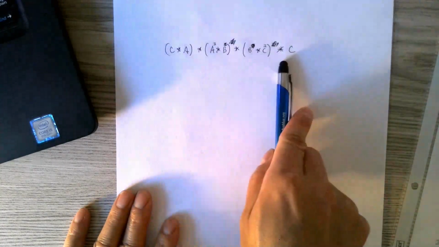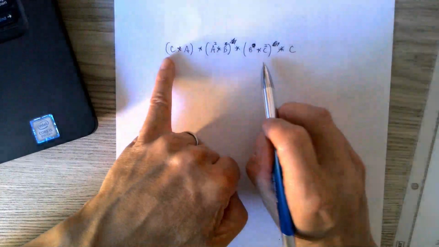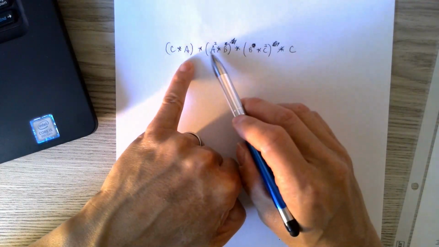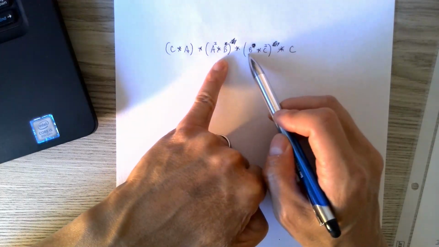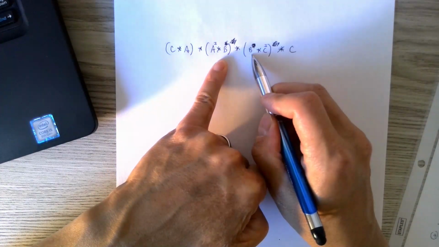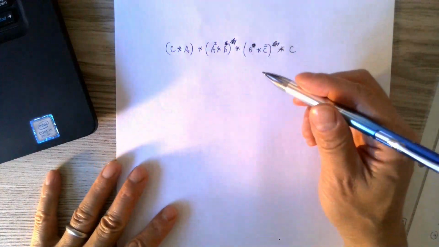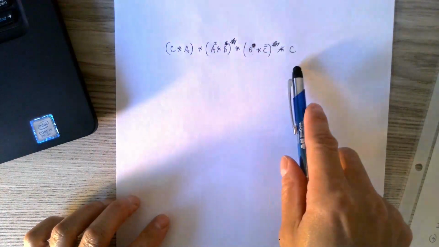Okay, so right off the bat I see some inverse pairs scattered. There's an inverse pair here, there's an inverse pair here, and there's an inverse pair here. This one is an inverse of B. Okay, the problem is I want to put these pairs together so I can make some E's, but I have these parentheses in the way.